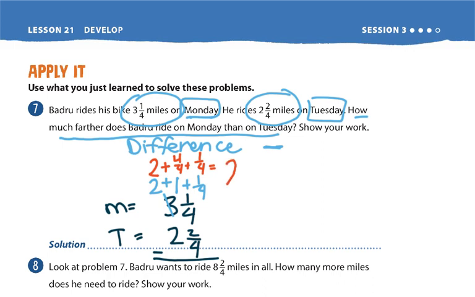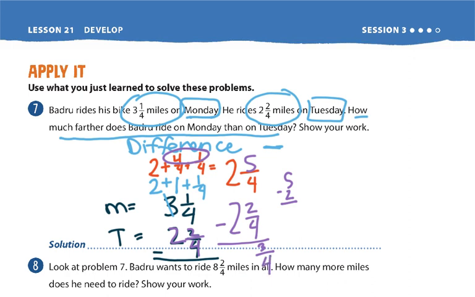Then I transfer the whole number. The denominator never changes. I add the numerator. Then I subtract this number that I have down here, 2 and 2/4. 5 minus 2 is 3. Does the denominator change, Tayden?